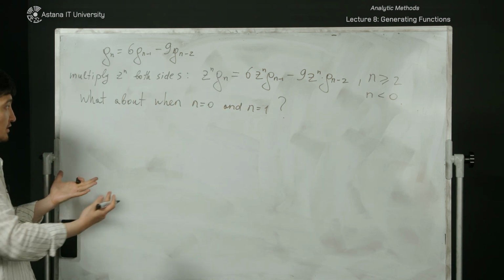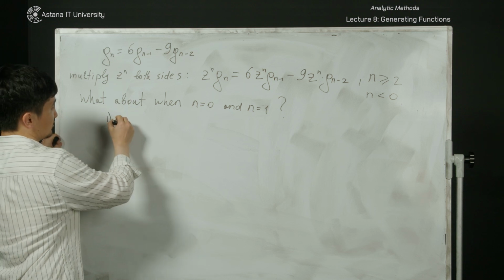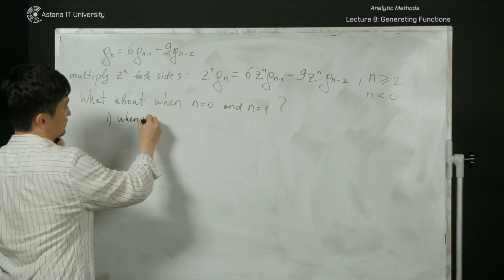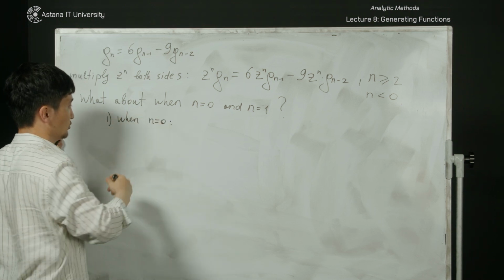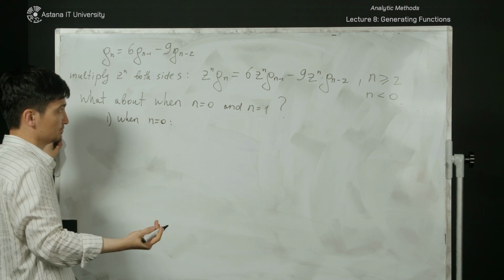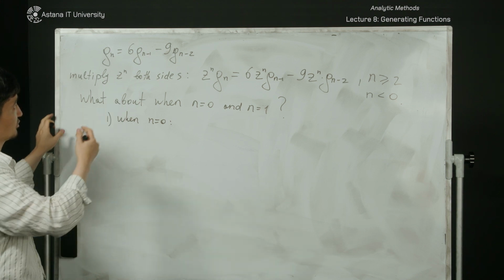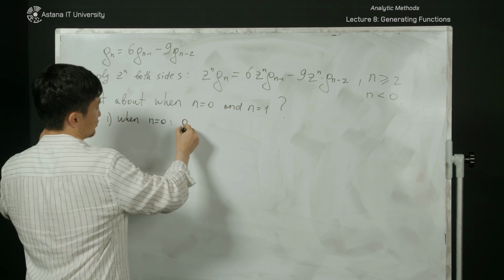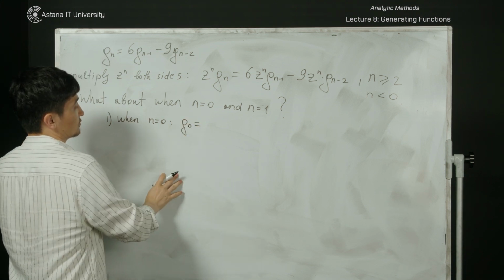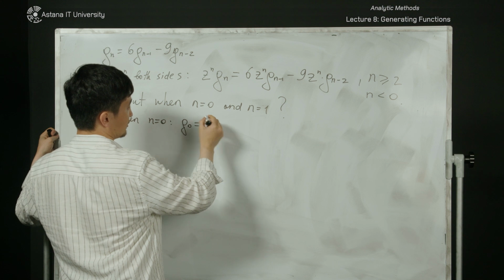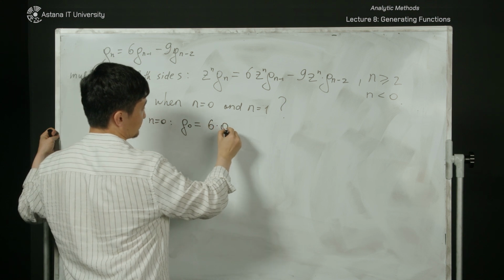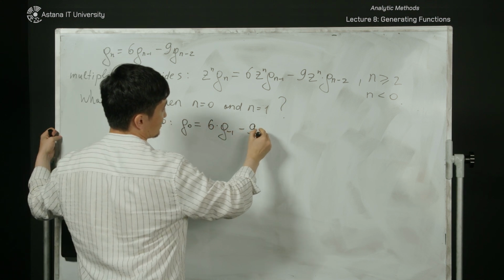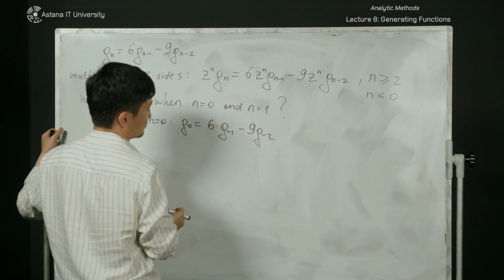So let's consider when n equals 0. Let's consider the original recursive function. For n equal to 0, I will have g_0 equal to 6 times g_{-1} minus 9 times g_{-2}.